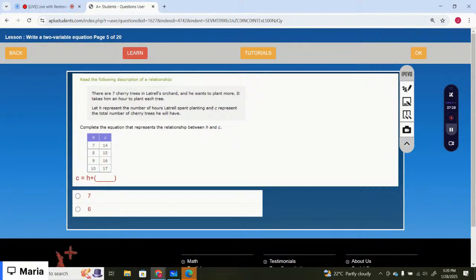That is 7 plus 7. So, option number 1 is the correct option. Very good.